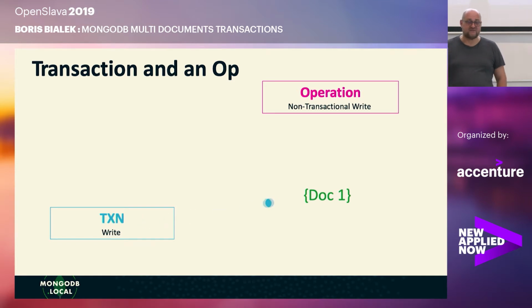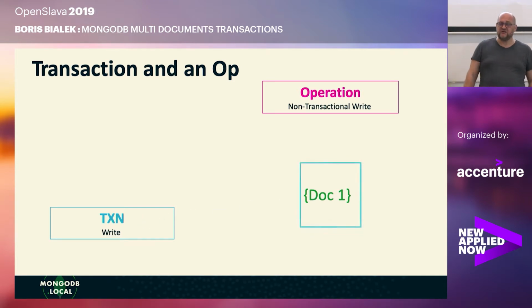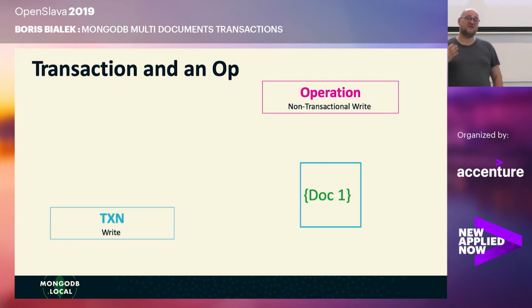So now something else. A transaction goes in, and the document is locked. Now comes an operation. What's the difference between a transaction and an operation? An operation in MongoDB is the same statement as a transaction, without a transaction bracket. Therefore, it's just a normal MongoDB update. And in this case, something cool happened.